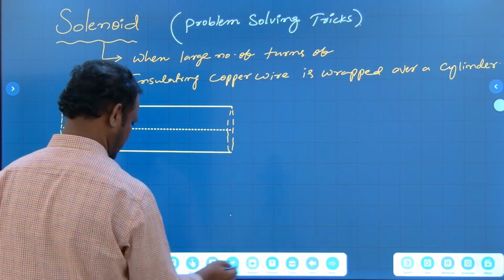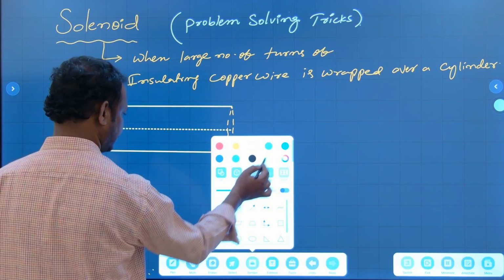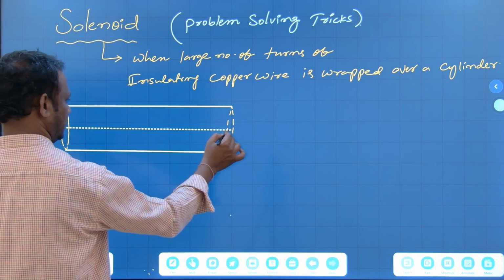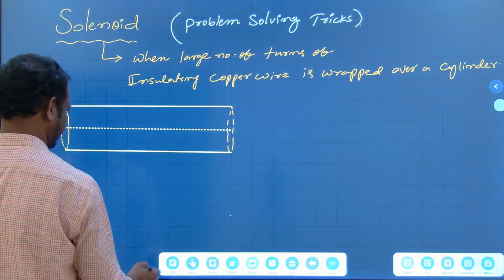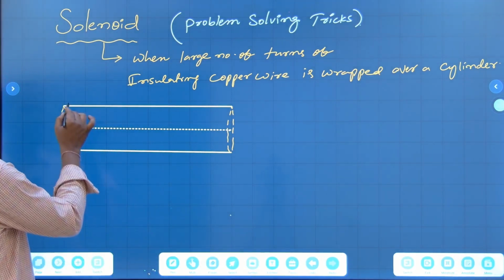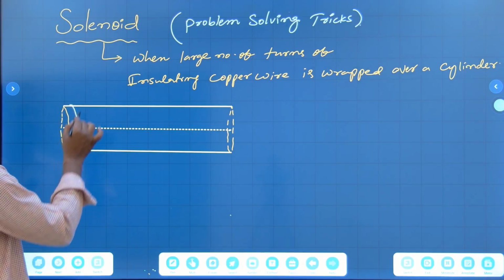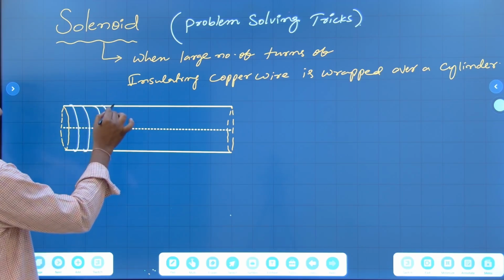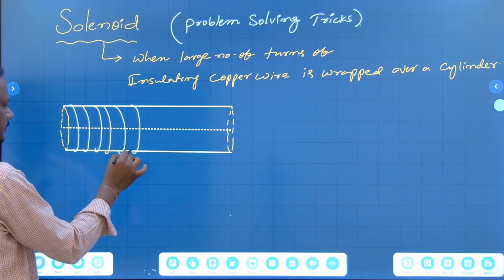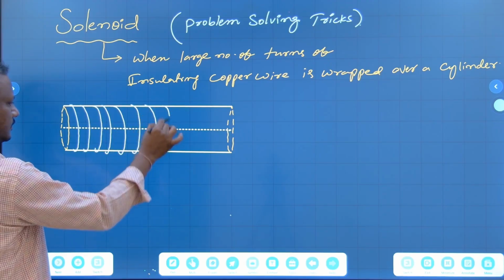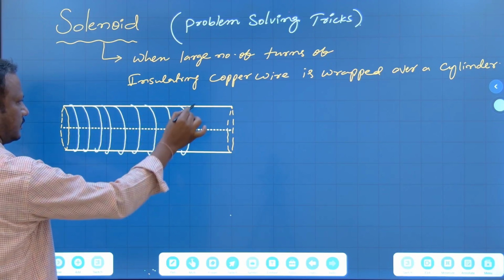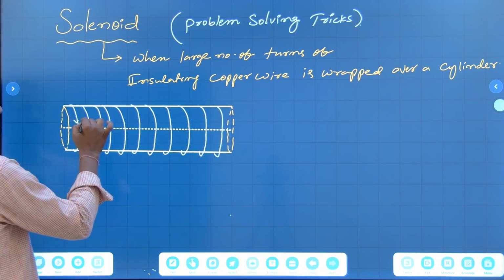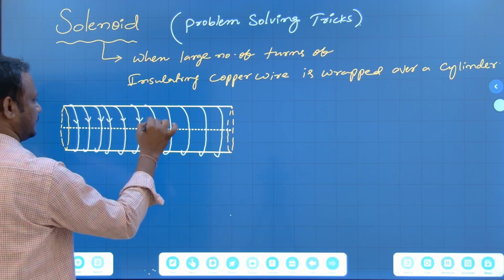The coil is wound over this cylinder, and the current is passing through the coil like this.